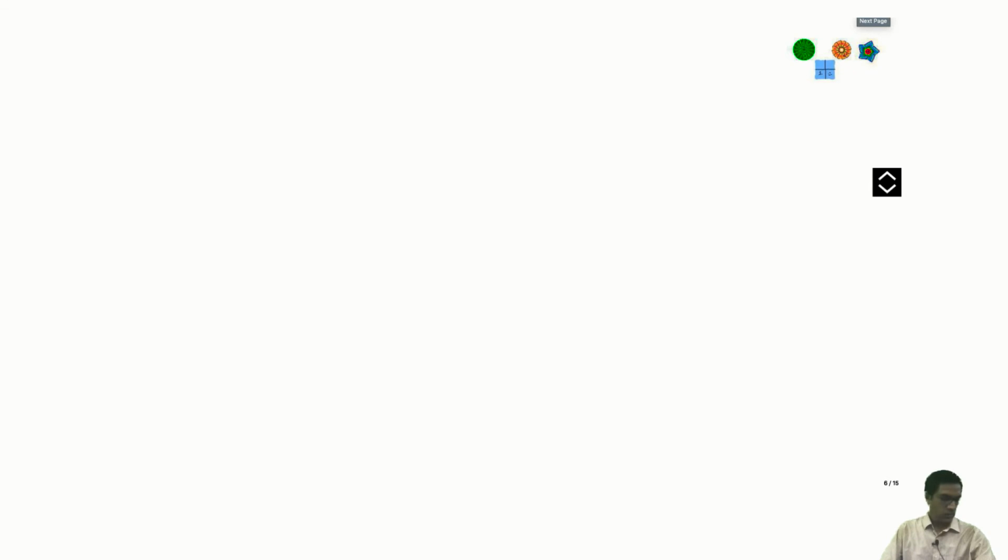Okay. Now let's look at some of our previous examples of modules and see how they match up in this point of view. So let's do one particular example. Let's look at the case of Z modules. Example, suppose my ring R is Z, the ring of integers.